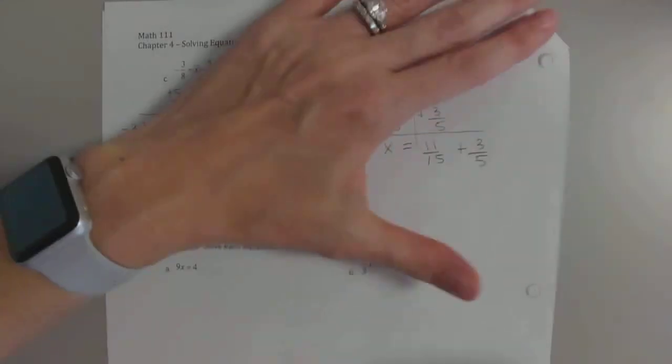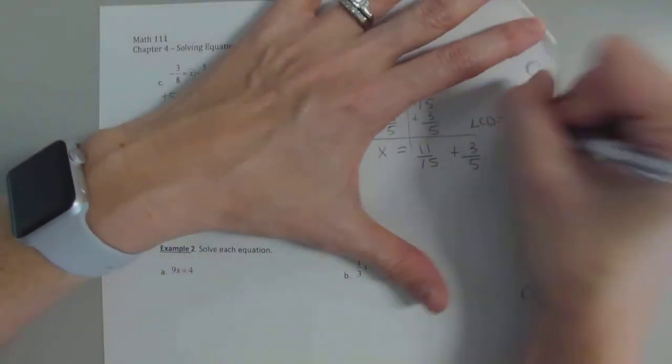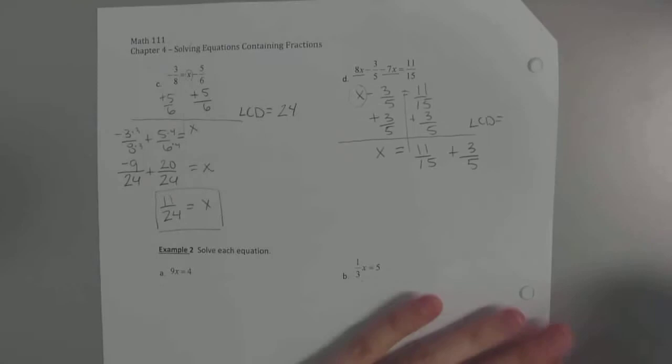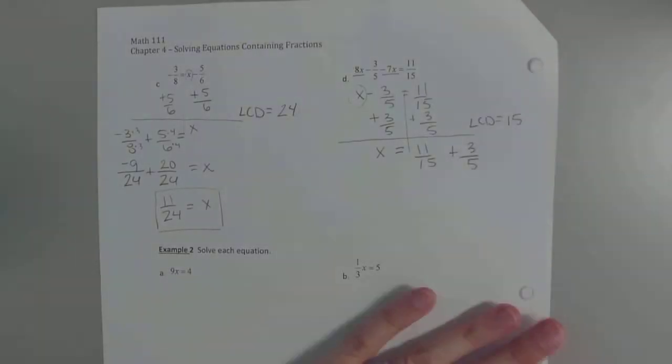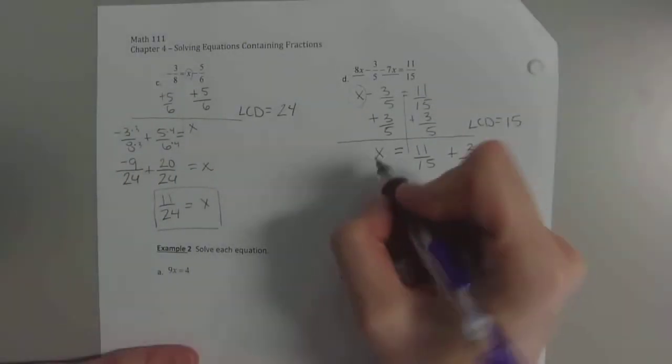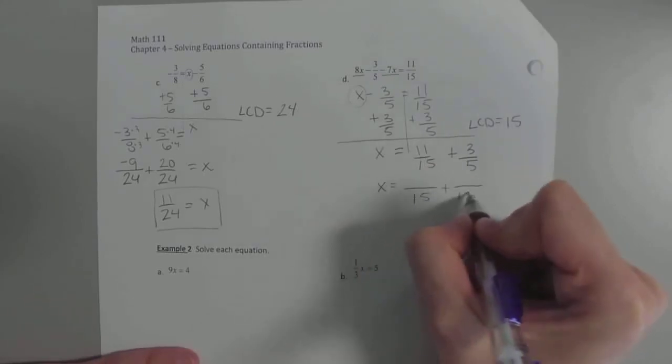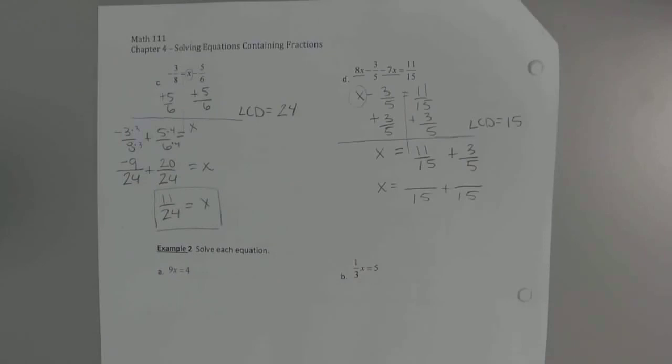What do we need in order to add those two fractions, though? LCD, okay? Let's think about what LCD we're going to have. 15, right? Start with that first denominator, 15, and ask yourself, does the 5 go into it? It does. All right? So we're going to have x equals something over 15 plus something over 15. All right?